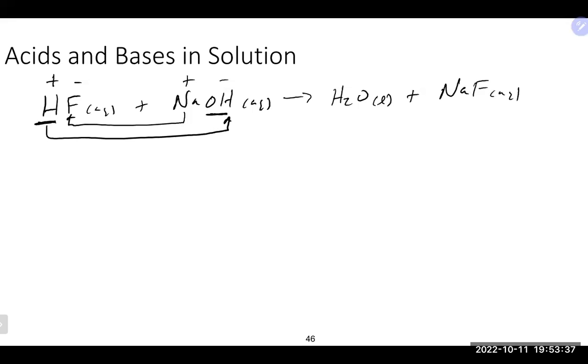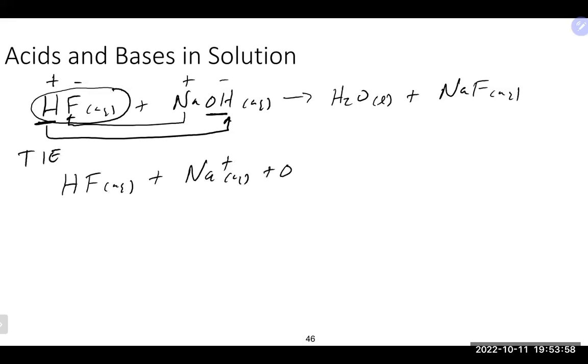Now, if you take the molecular equation, which is this guy here, and you did the total ionic equation, because this is a weak acid and a weak electrolyte, you would not break it apart. It would still stay together when you get to the total ionic. You would then break apart the sodium hydroxide, which is a strong base and a strong electrolyte.